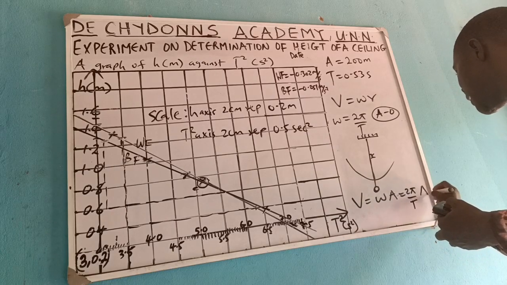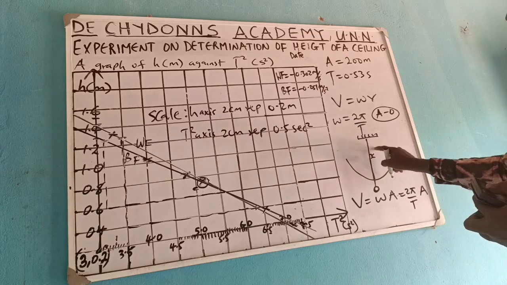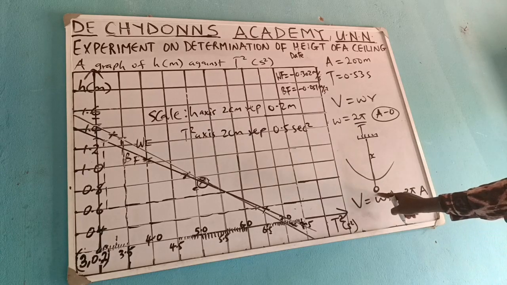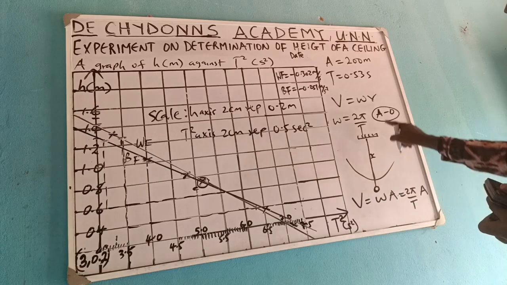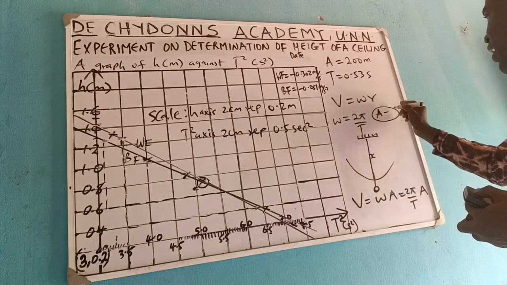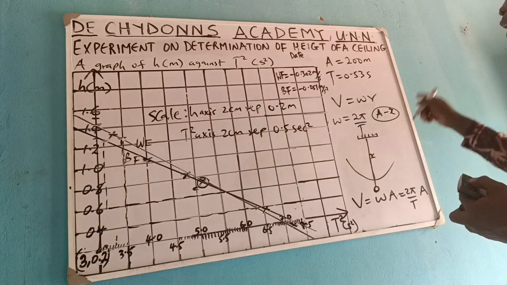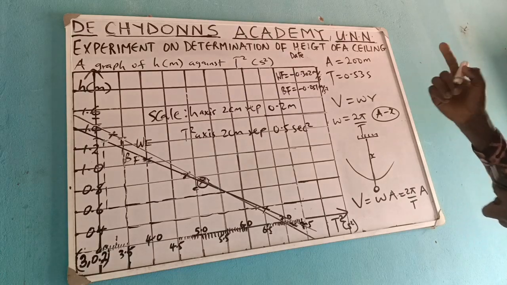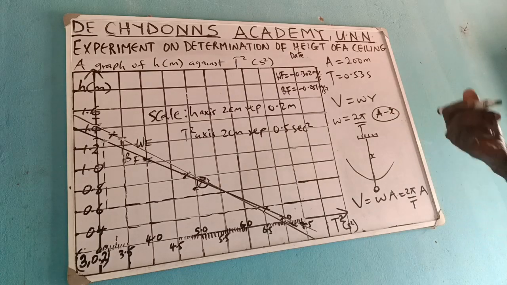So once x is at 0, the equilibrium position, the implication is that A minus x we have in the formula of simple harmonic motion. There is a topic called simple harmonic motion.